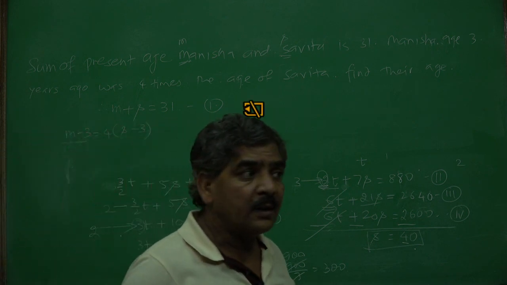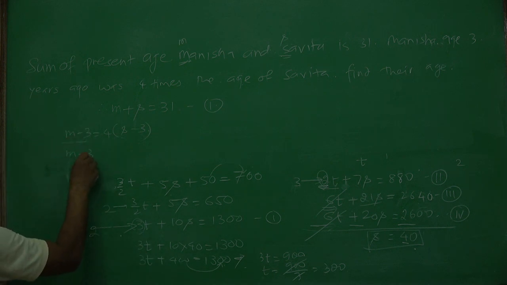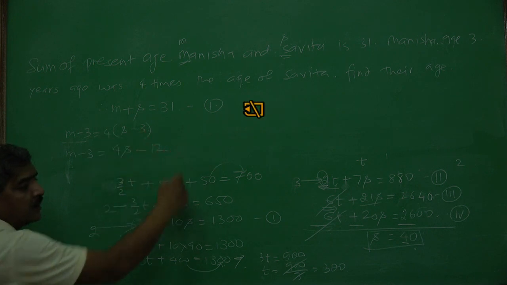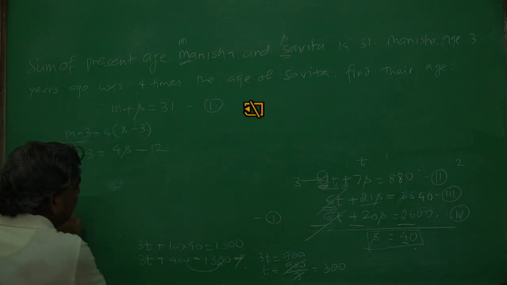It is correct. Open the bracket. If I open the bracket, M minus 3 is equal to 4S minus 4. Now shift the terms appropriately.